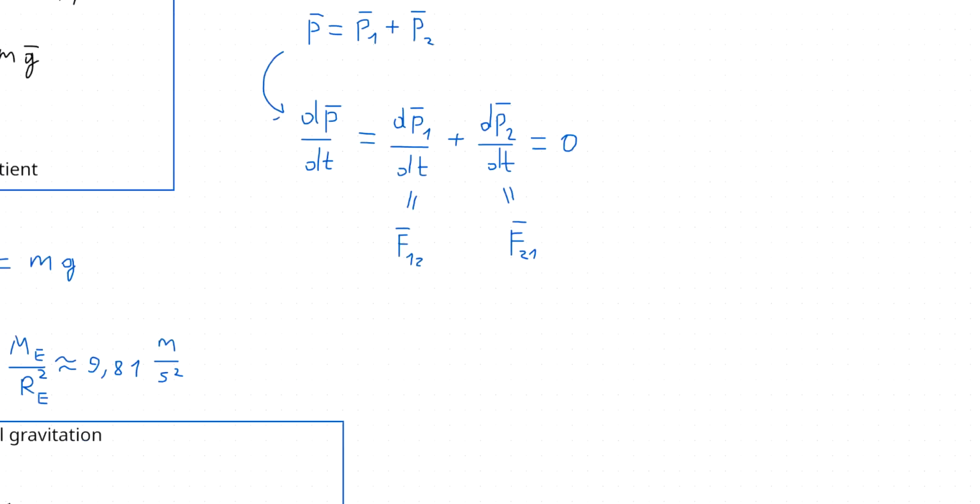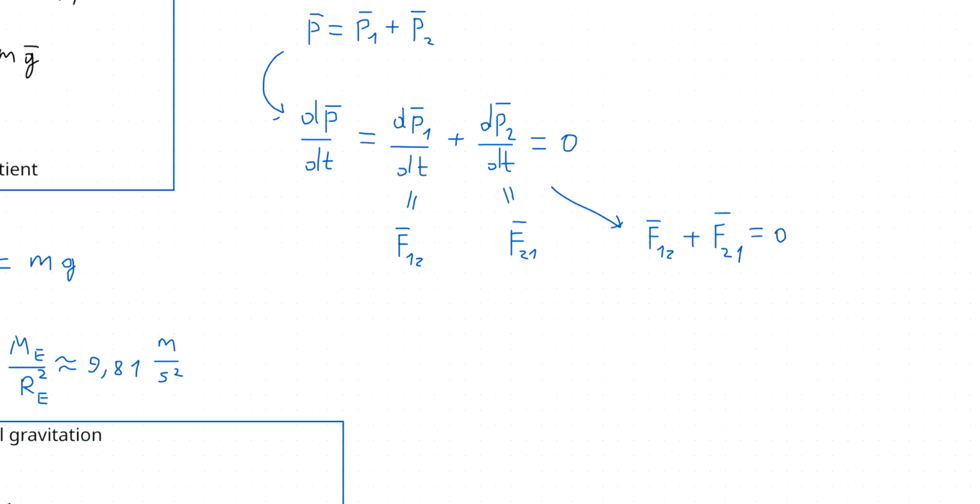And from here we get that F12 plus F21 is equal to 0.